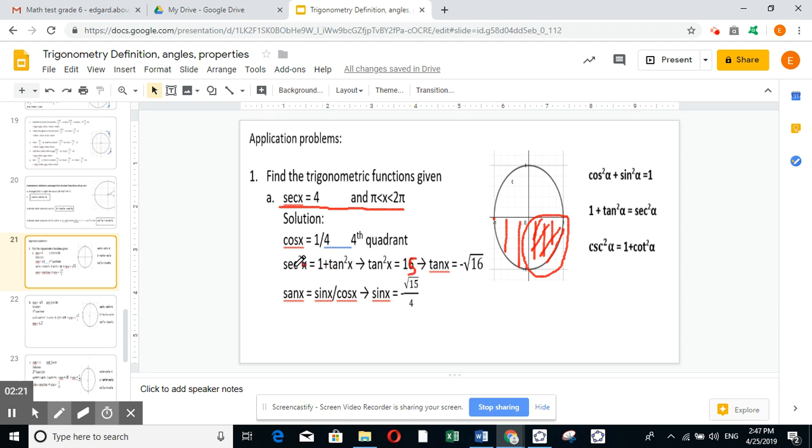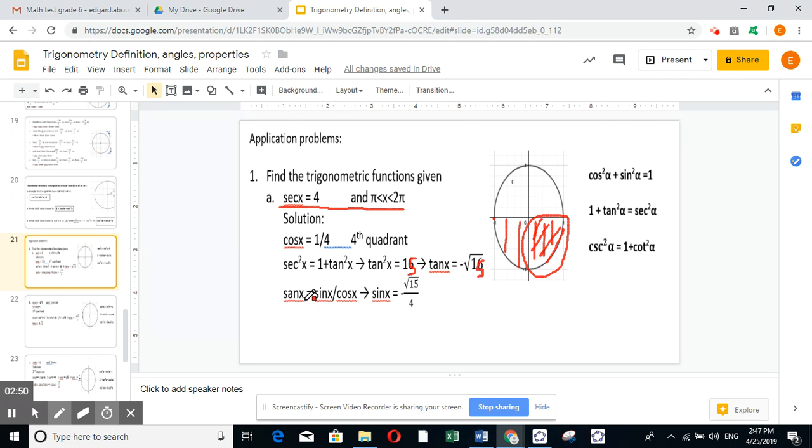Tangent square will be secant square x minus 1, so 16 minus 1 is 15. Since I have a square, I remove the square and put plus or minus, because if x square equals a, x equals plus or minus root a. So here I have plus or minus, but since we are in the fourth quadrant, where tangent is negative, it will be minus.